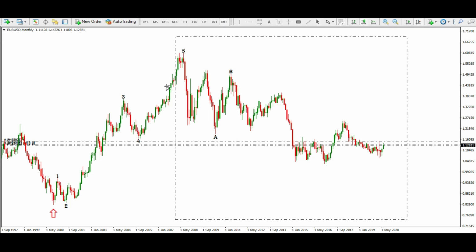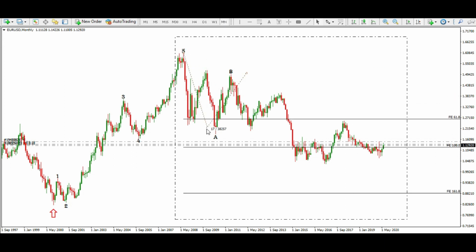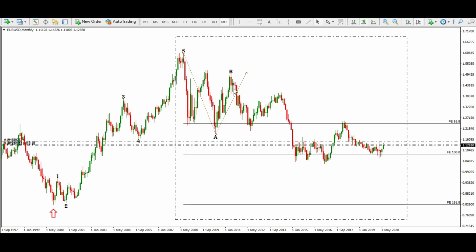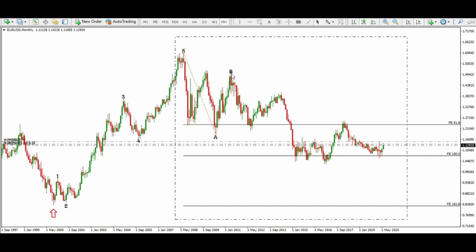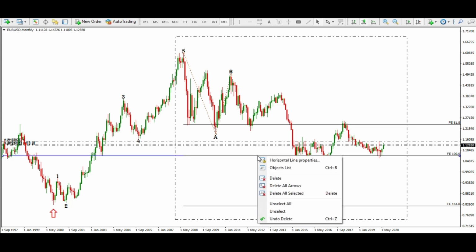Now, using wave A and wave B black, we can project the possible termination point of this correction using Fibonacci retracement tools. The first Fibonacci ratio we plot on our charts is Fibonacci expansion.